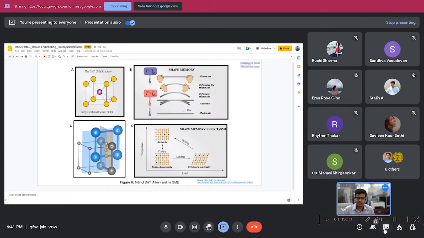Have you had any trouble with the content, or could you understand all of it, and today's content also? I tried to convey as much relevant and recent information as possible regarding the subject: the different kinds of tissue engineering materials and approaches being employed for the development of various smart materials and 4D materials.